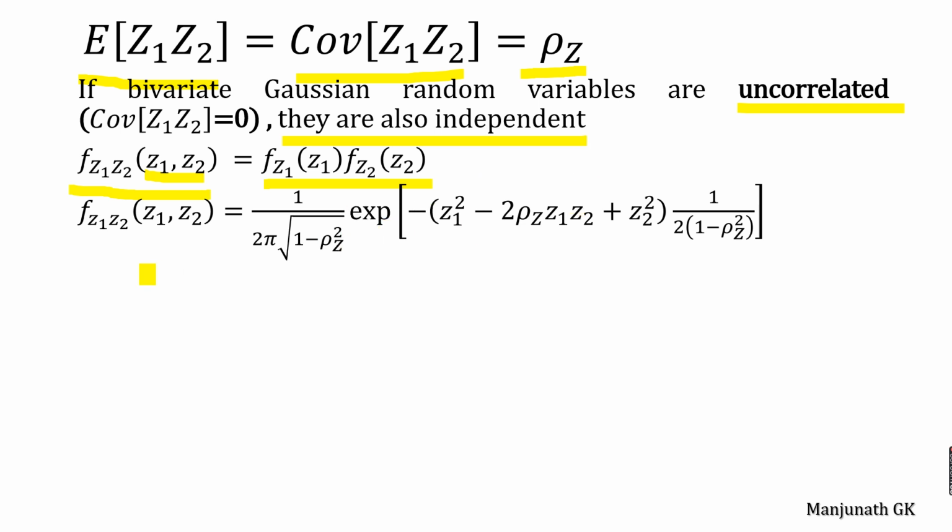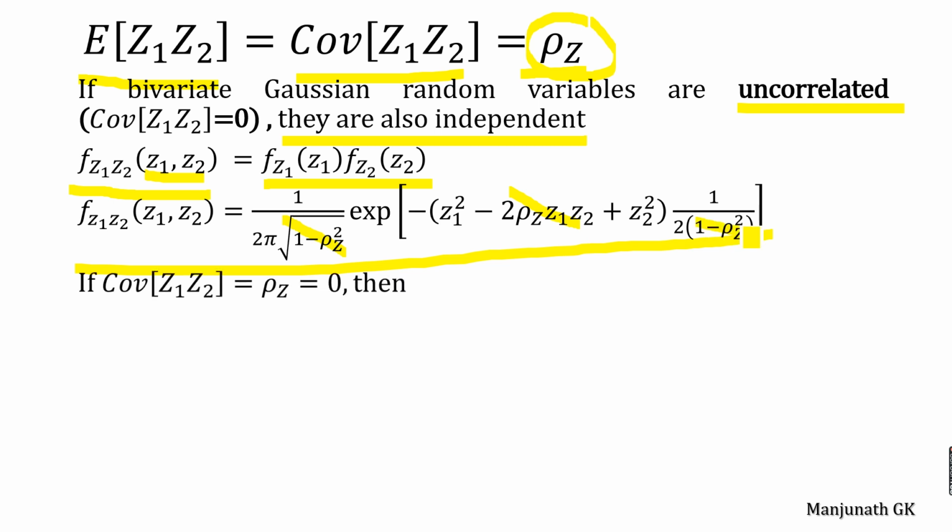So let us prove this one. So this is a bivariate PDF. In this bivariate PDF, the covariance of z1 and z2 is 0. If it is 0, it means this term is also 0. Then replace the correlation coefficient with 0 in this equation. So it becomes 1, it becomes 0, it becomes 1.